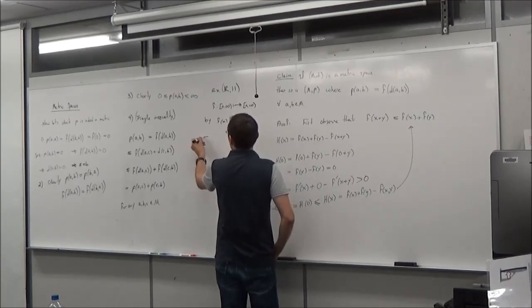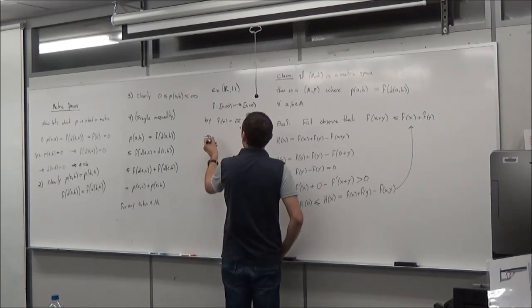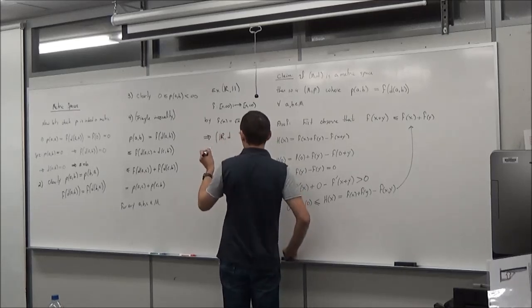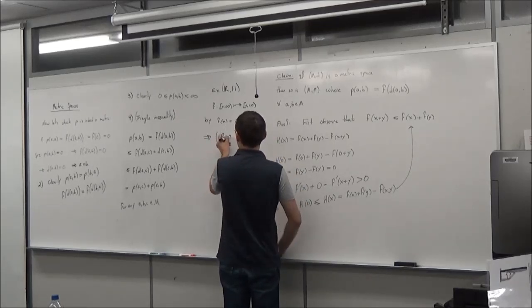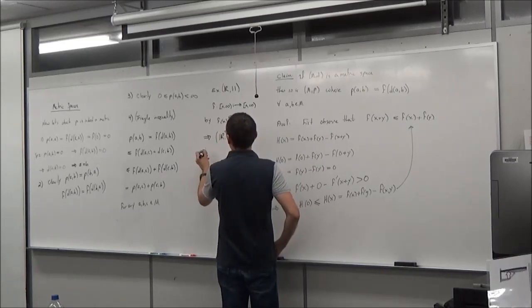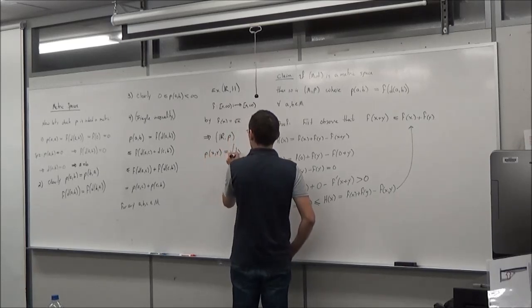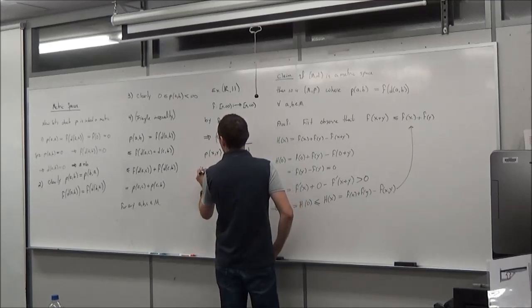So that means that if I take R and I define the distance rho, where rho of xy is just going to be root of absolute value x minus y, it is a metric.